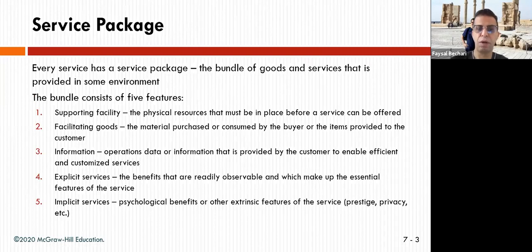So, service package. Every service has a service package, a bundle of goods and services that is provided in some environment. We said early on, there is product and service behind it, and there is service and product behind it, and there are pure services.